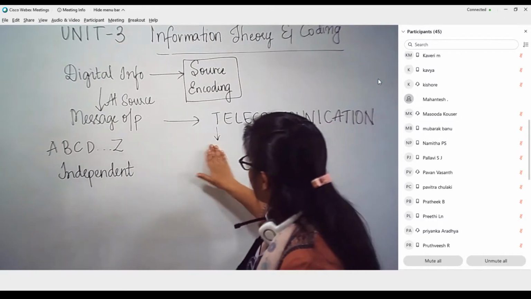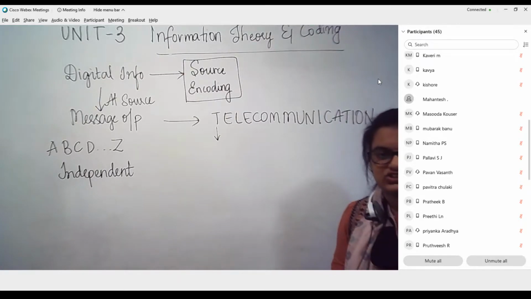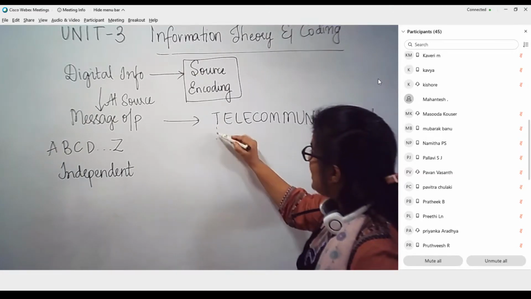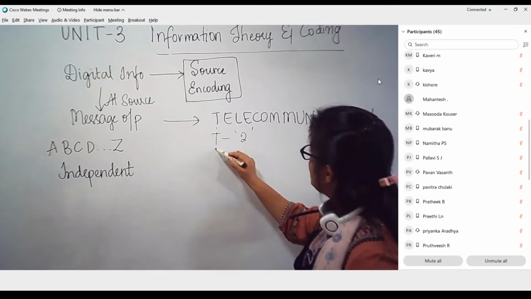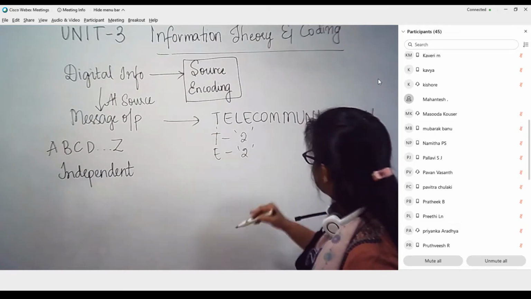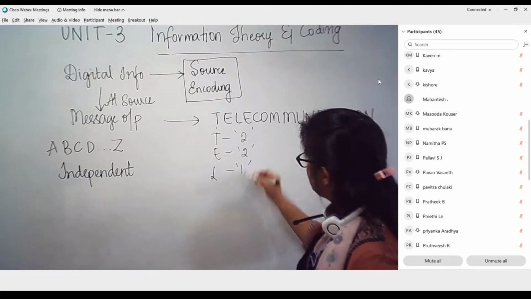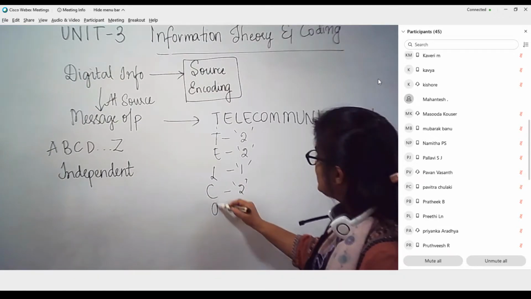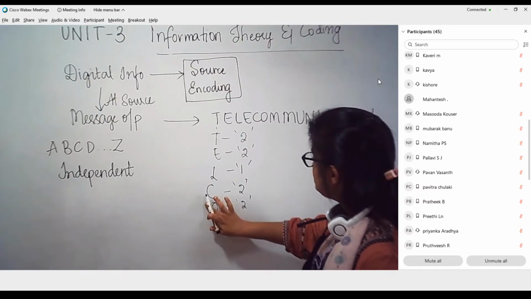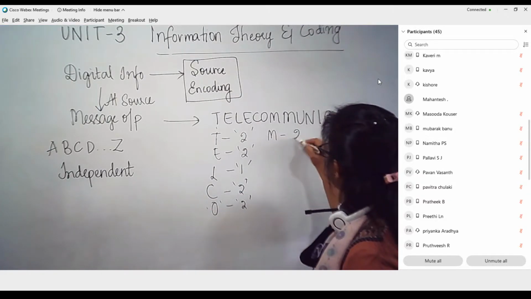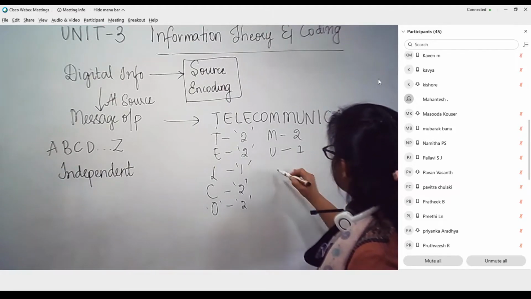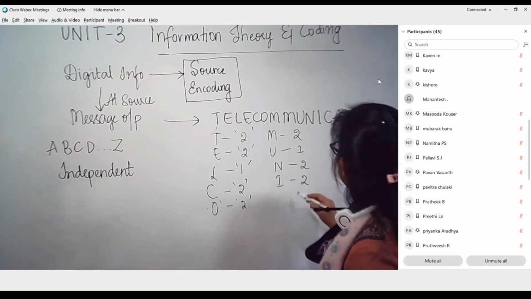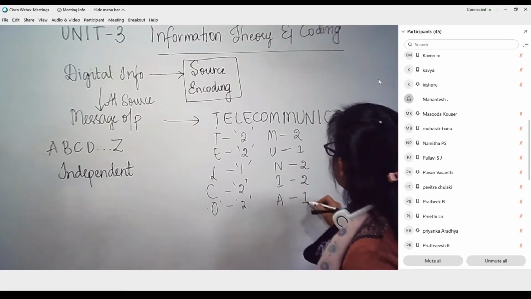How to reduce that? We are going to calculate how many times each alphabet is repeated in the entire message. That means T is appearing 2 times, E is appearing 2 times, L is appearing 1 time, C is appearing twice, O is appearing twice, M is appearing twice, U is appearing once, N is twice, I is twice, then A is 1 time.